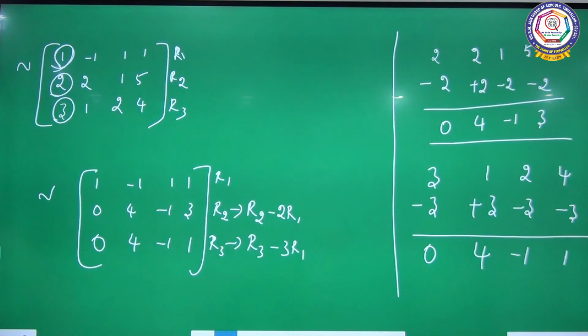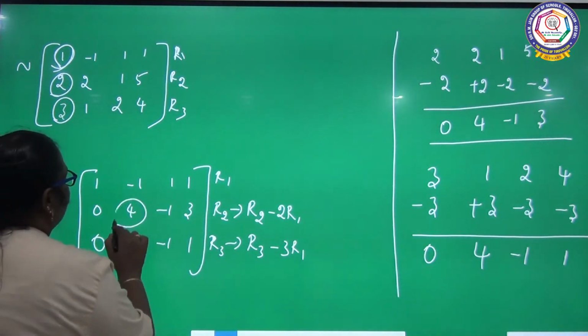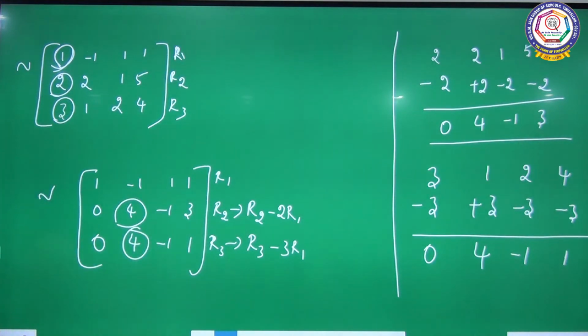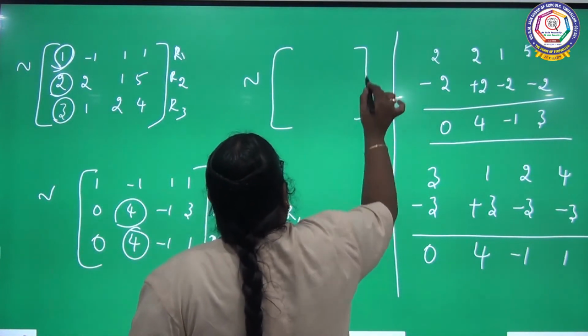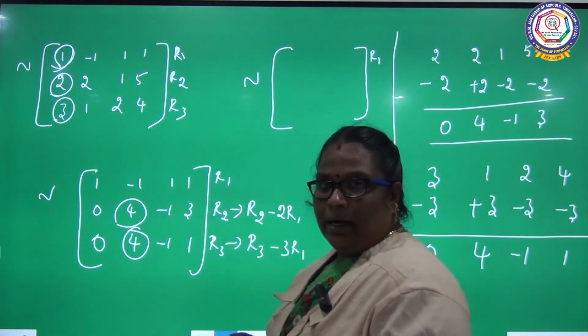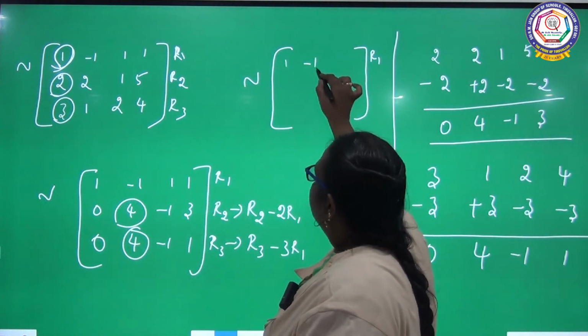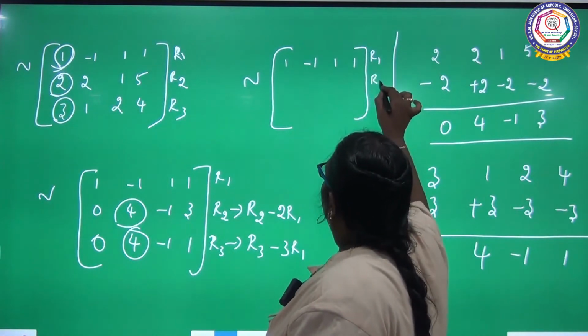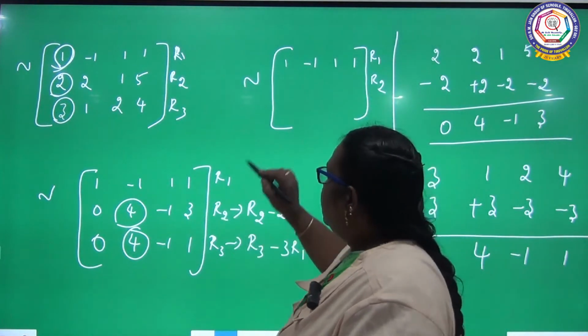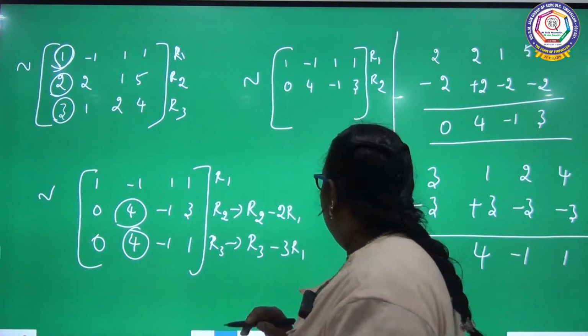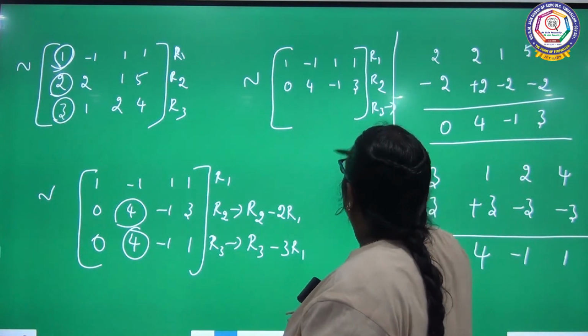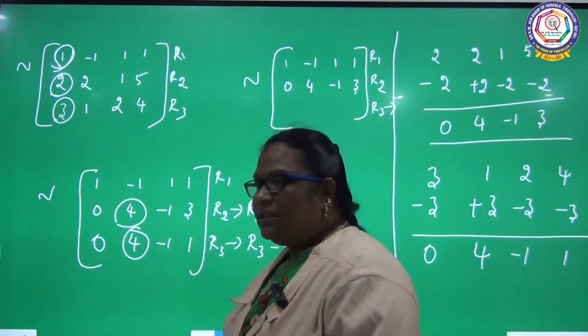Next we are going to look at this number and this number alone. R1 you will write as it is. What is R1? 1, -1, 1, 1. R2 is 0, 4, -1, 3. For R3, this number straight away you can subtract.